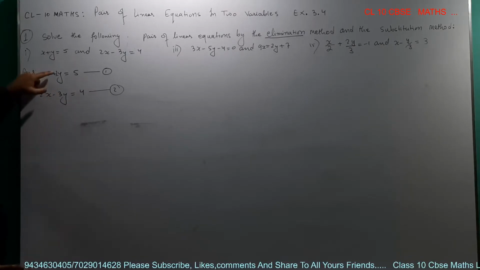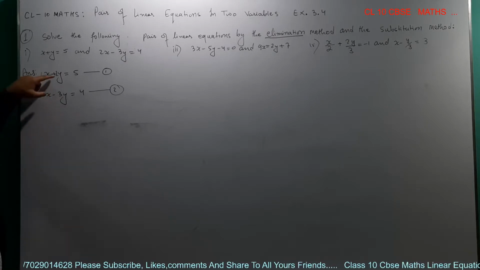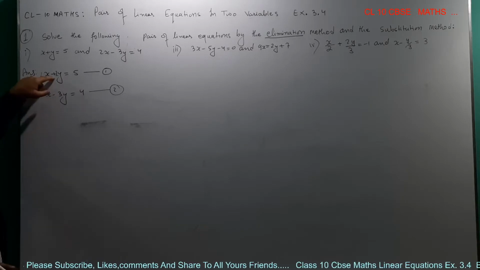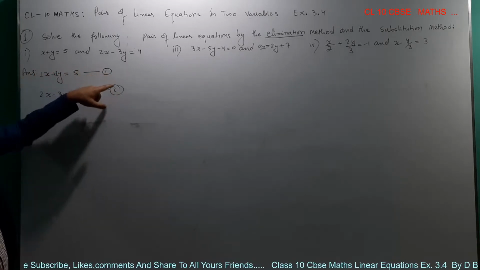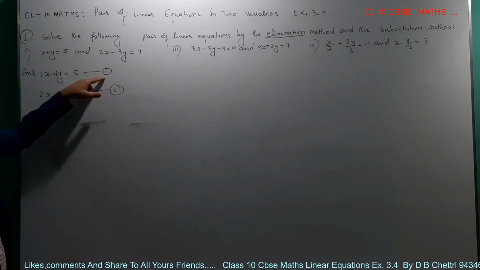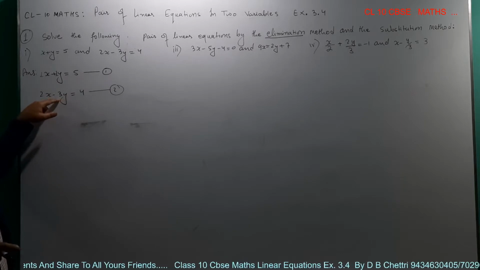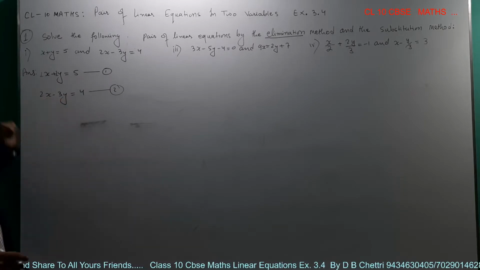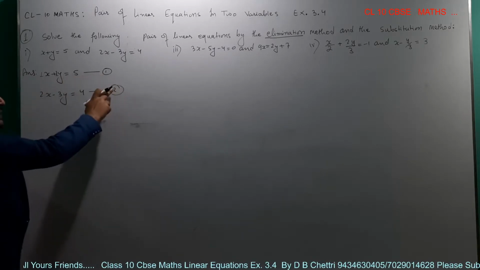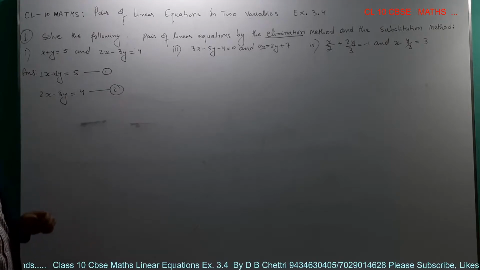If you want to remove y, then make the coefficient of y the same. To make the coefficient of y the same, just exchange their coefficients: take the coefficient of y in equation 2, 3, and multiply the whole equation 1 by this coefficient 3. Then for equation 2, take the coefficient 1 from equation 1 and multiply equation 2 by this coefficient.